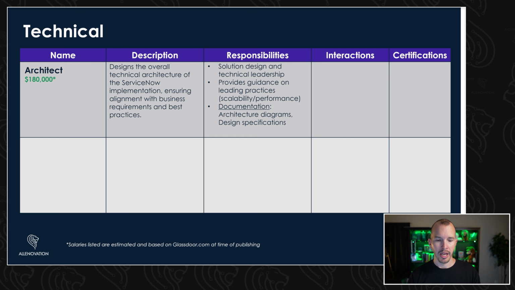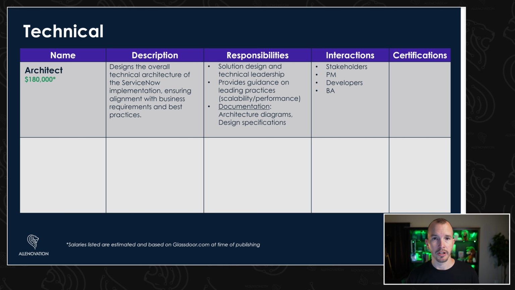This is all about, is the data model that we're going with going to land us in good territory on step 17? They have to think well ahead into the future there. And then for design specifications, those are detailed design documents describing the technical requirements, the configurations needed to implement that architecture. So yes, they are still required to do some documentation there.